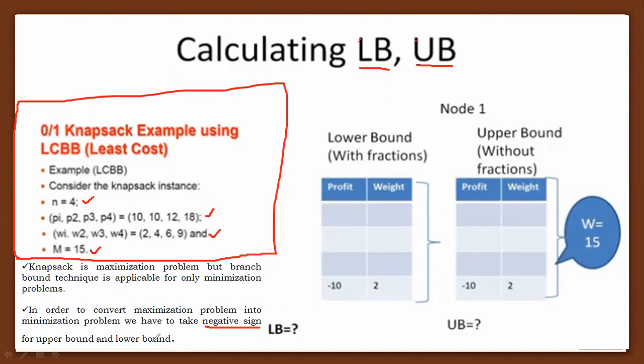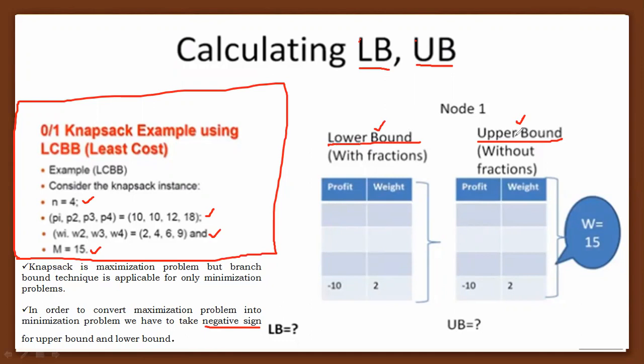So here I want to find the lower bound and the upper bound. What is the lower bound and what is the upper bound? Without fraction items, if you consider, that is called the upper bound.